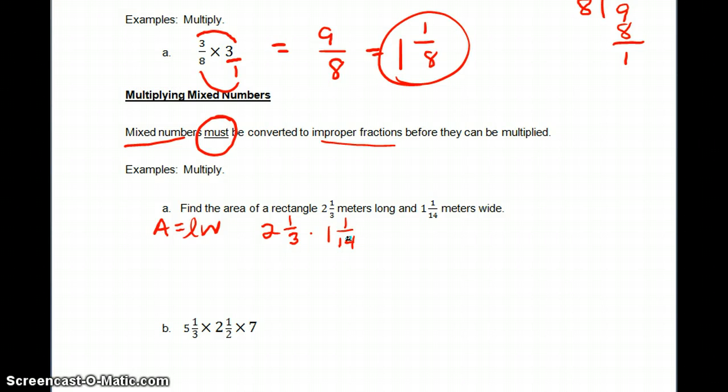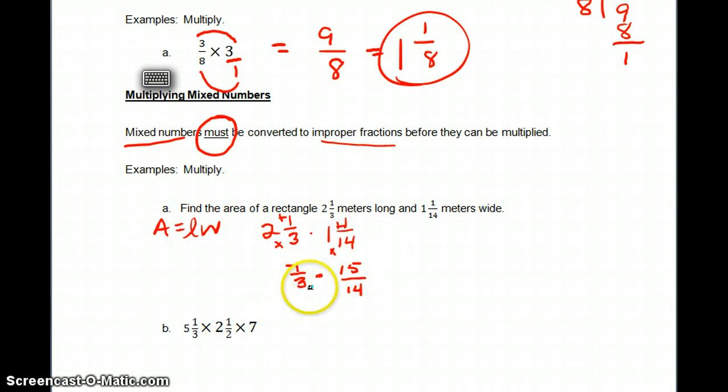We cannot multiply mixed numbers, so we have to convert them into improper fractions. So we're going to start by multiplying the denominator and the whole number and adding the result to the numerator. 3 times 2 is 6. 6 plus 1 gives us 7/3. Times, follow the same steps. We're going to multiply and then add. 14 times 1 is 14, plus 1 gives us 15/14.